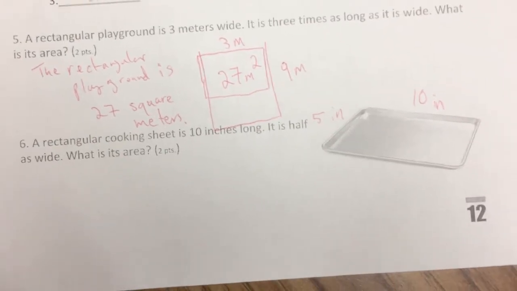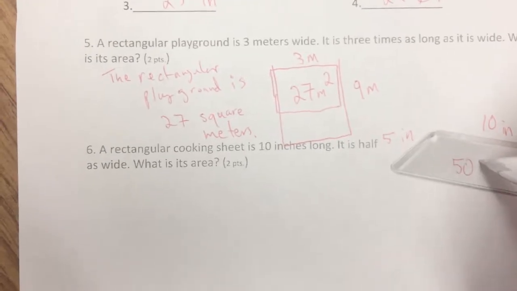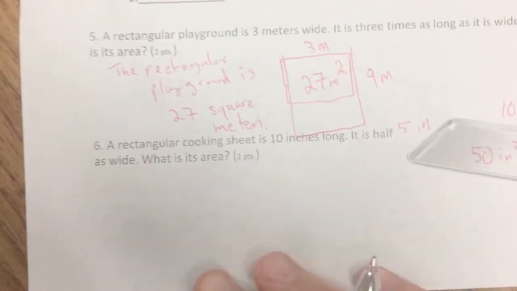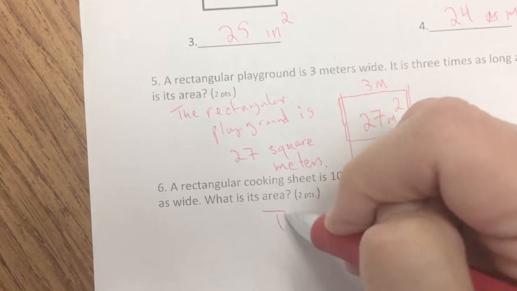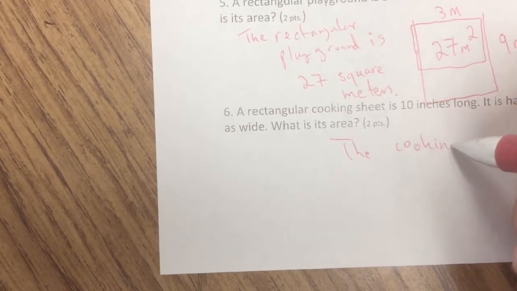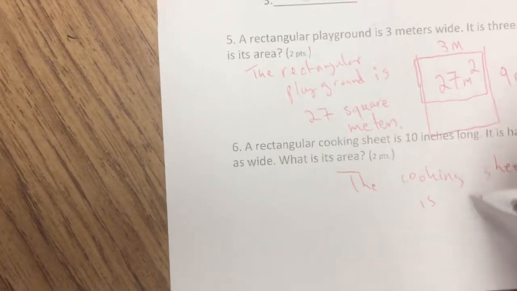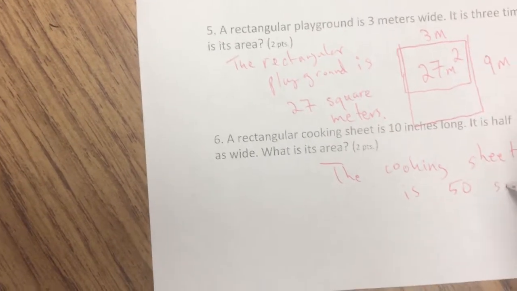What is its area? 10 times 5 is 50 square inches. So the cooking sheet is 50 square inches.